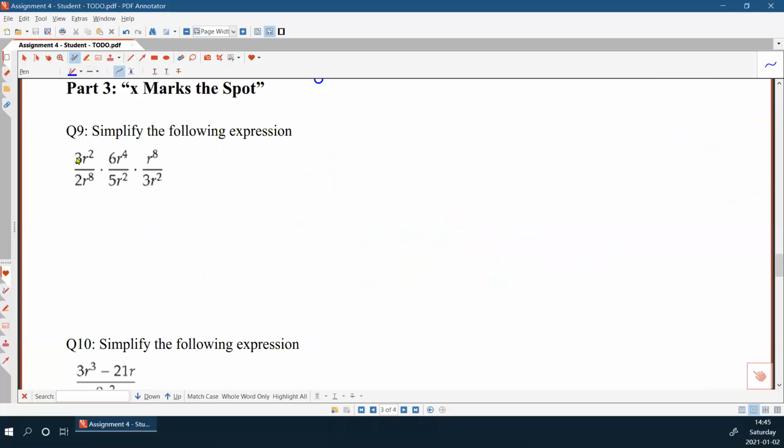Okay, let's try to cancel the similar terms. 3 can be canceled with 3 here, right? 2 can be canceled with the 6, and this leaves you 3. Okay, now we're done with coefficients.